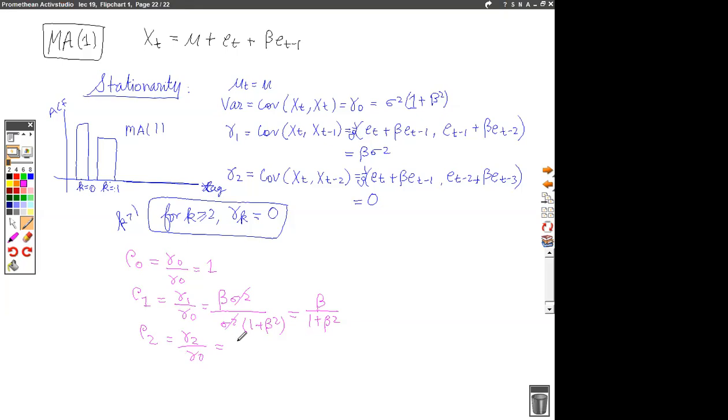So this will be 0 because the numerator is always 0. So for any k greater than 1, my rho k is also going to be 0. Is this clear? Yes. Perfect.